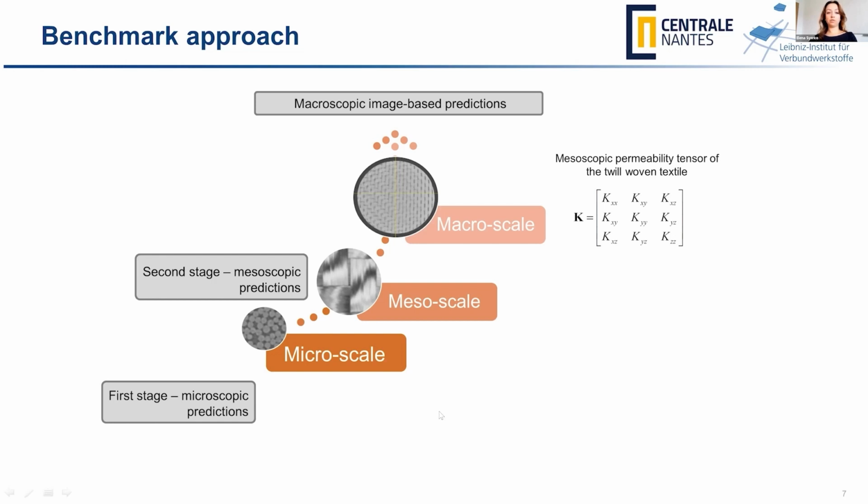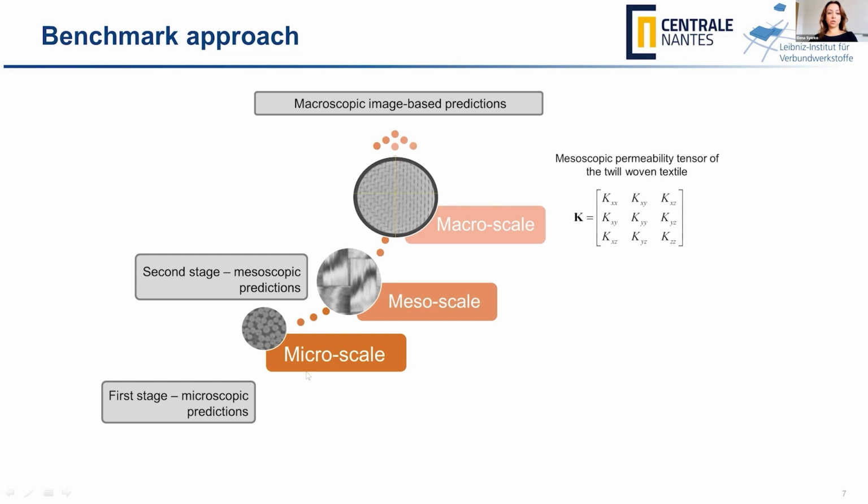It's a woven fabric, and since it's a multi-scale material, we go from the microscale to the macroscale, because in the end, what is of interest for the manufacturing is the macroscale permeability tensor. Which will say how the part basically will be filled, how the flow fronts will advance, and this defines the final quality of the part.